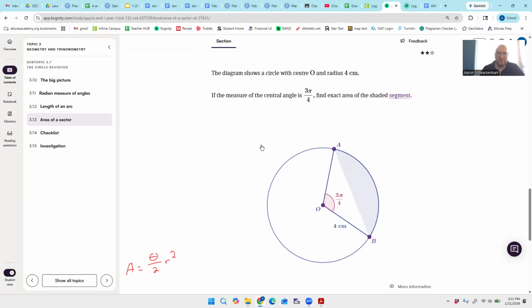So, the diagram shows if the measure of the central angle is 3 pi over 4, find the exact area of the shaded segment. So this is a segment of a circle. So this is going to be the sector minus the triangle. So area equals the sector, 3 pi over 4, we'll just do times half instead of divided by 2, times 4 squared, minus the triangle. I'm going to use this area of a triangle formula, the two sides with the angle between them.